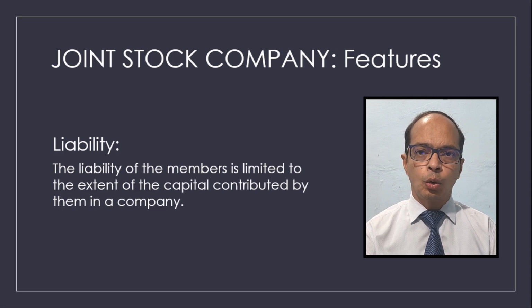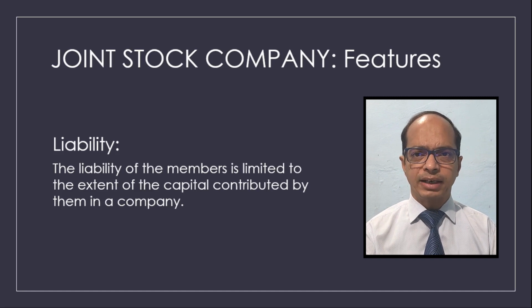Means total amount of rupees 10,000 can be demanded. But if that shareholder had paid the full amount of rupees 10 per share already, then no amount will be demanded from the shareholder in case of financial crisis. Means liability of the shareholders is limited to the extent of capital contributed by them.